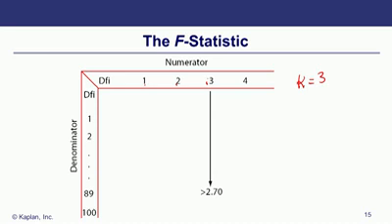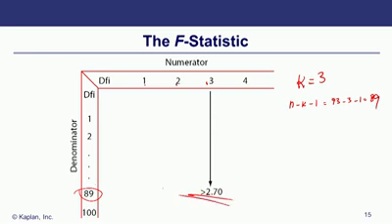And then, because we know that n minus k minus 1 will be 93 monthly observations minus 3 independent variables minus 1, this will give me 89 degrees of freedom. I go 89 levels down along the first column, and that will show me the critical value.